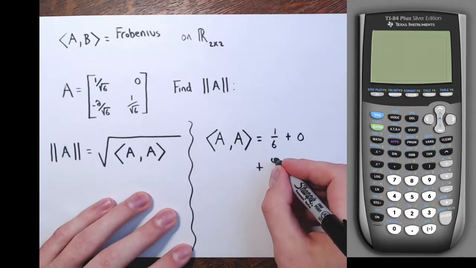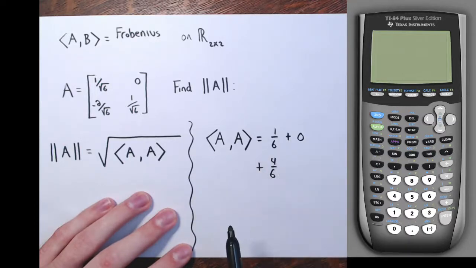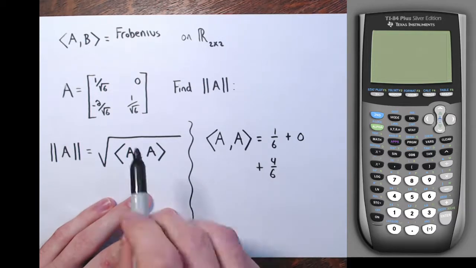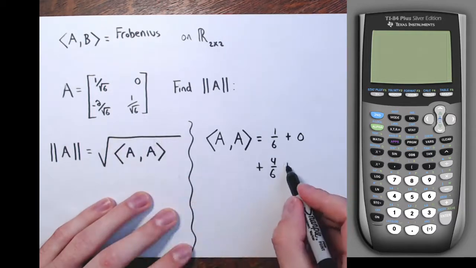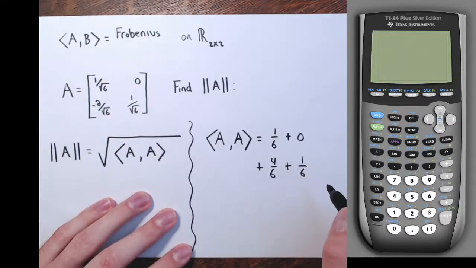You could put 2/3, but I'm gonna leave it over 6 so I can add with a common denominator. And then finally plus 1 over root 6 times 1 over root 6 again would be 1/6.